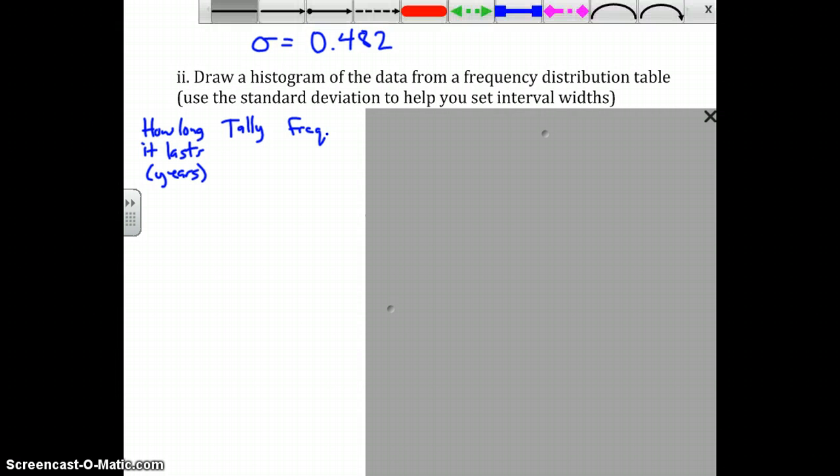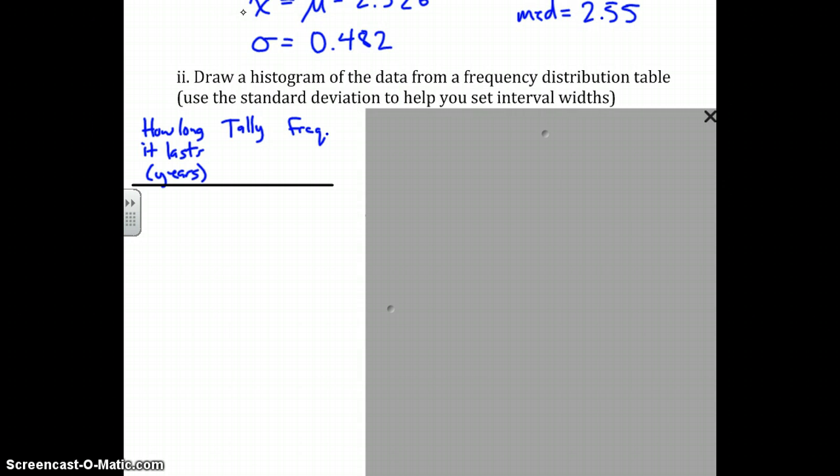So we need a chart of how long the phone lasts in years, with a column for a tally and then a column to count up the tally for the frequency. So we make a little chart here.